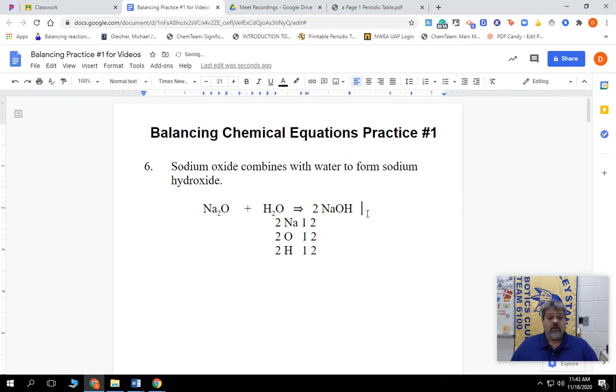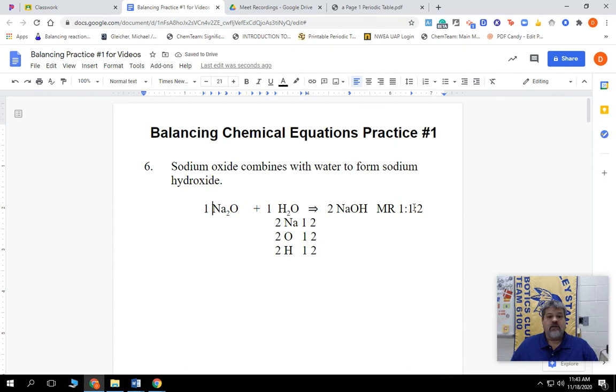So what do we have to write out now? We have to write out our molar ratio. So our molar ratio, I'm just going to put MR for that, is 1 to 1 to 2. And can we reduce that? I have a 1 there, a 1 there, and a 2 here.